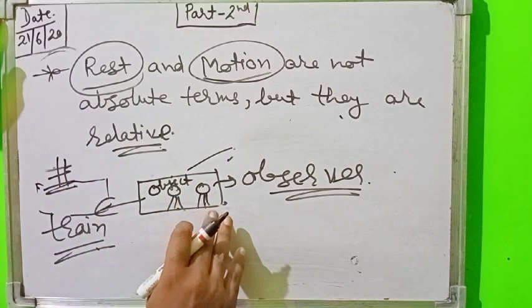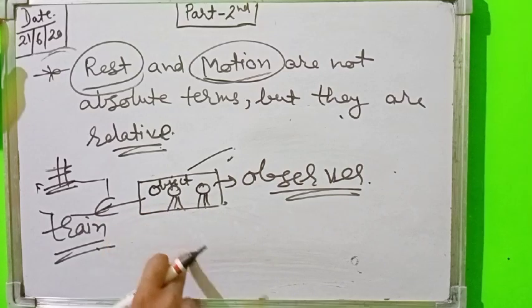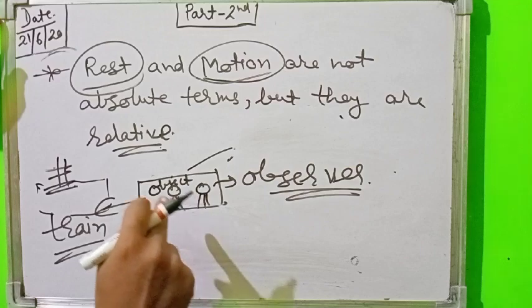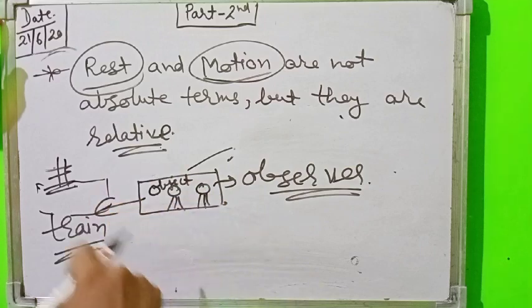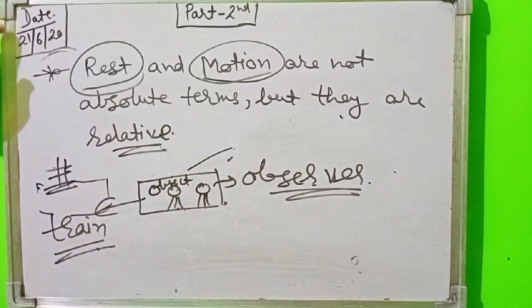So he can say that for the same observer, the same object is in motion one time, and another time the same object is at rest when the observer shifted his position.